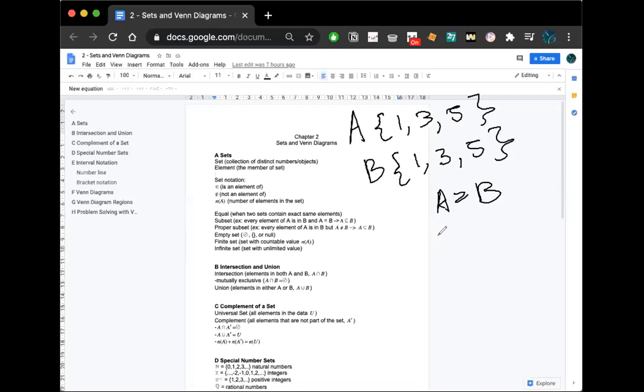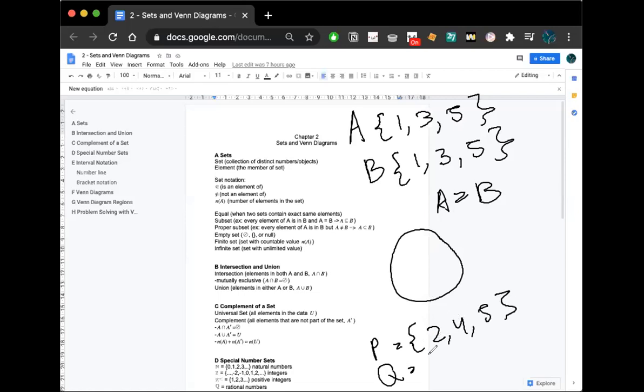But for example, let's just say you have P and Q, assuming P has 2, 4, and 5 as its elements, and Q has 2 and 4 as its elements. You can't really say P minus Q, because that's not really valid.